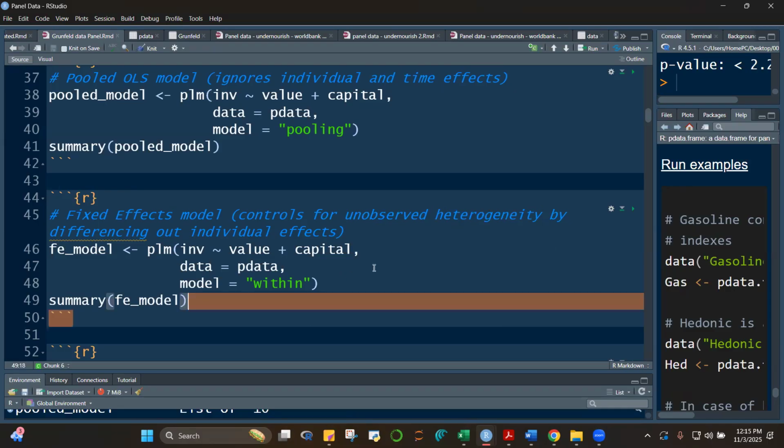So let's create another object. We can name it FE, fixed effect model. And then the difference here is that model is equal to within, class. Model is equal to within. All right, so let's run this, class, and see what the FE model gives us. Let's run.